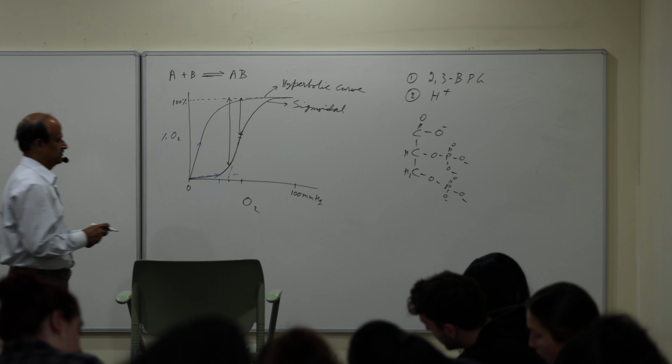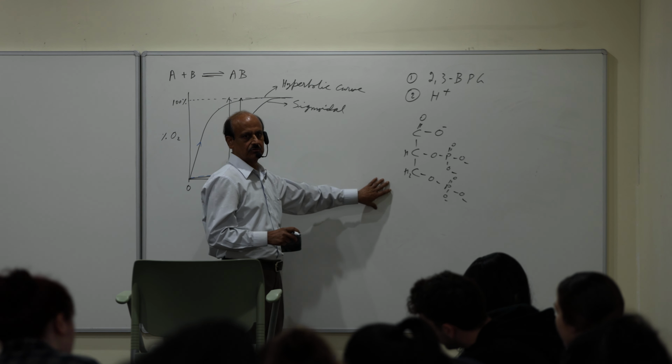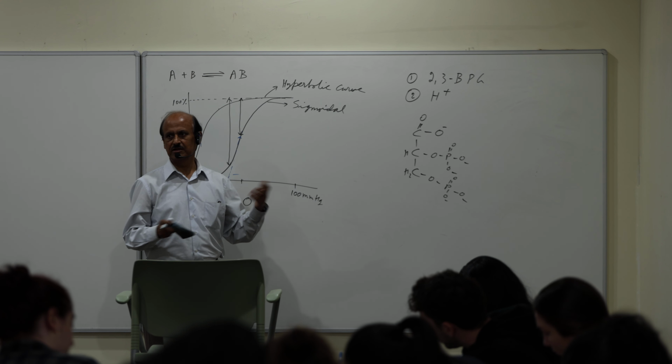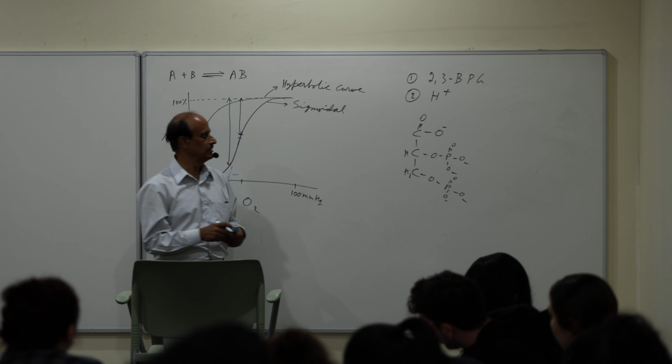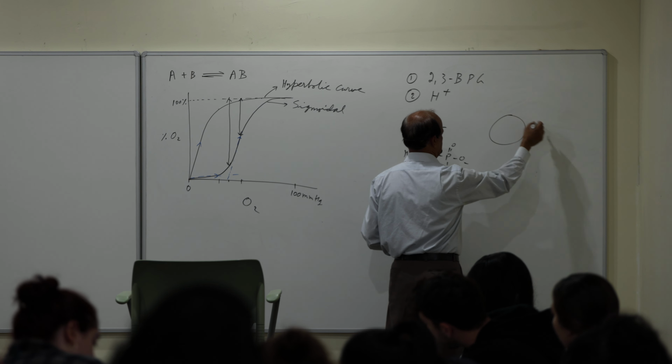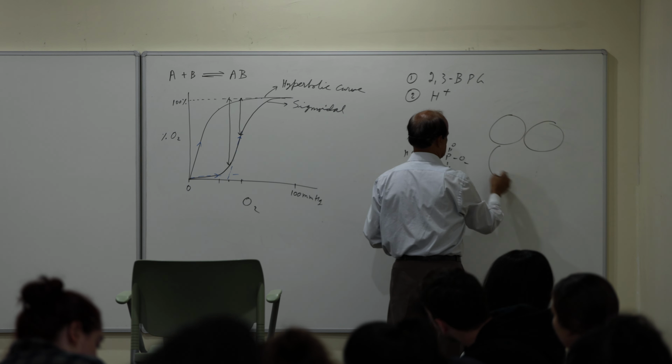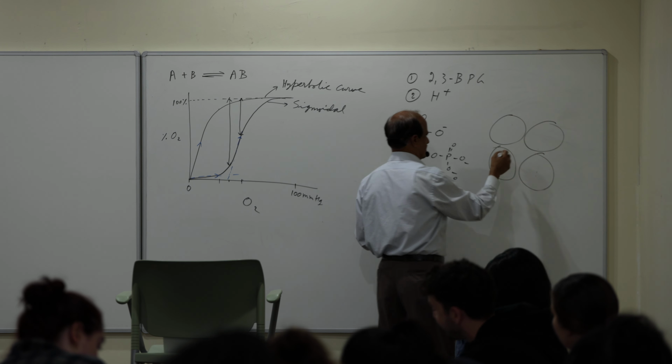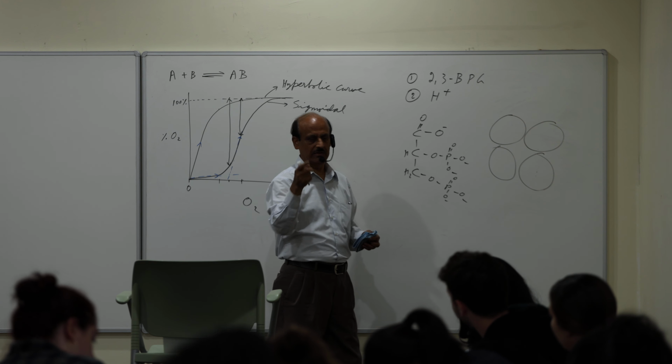Right? There are 5 negative charges, and this binds to the hemoglobin. It doesn't bind to myoglobin, it binds to hemoglobin, because in hemoglobin, when you put the four subunits together, there is a central cavity. I'm drawing circles, but they are not, of course, circles. You have the structure in the handout that I gave you.